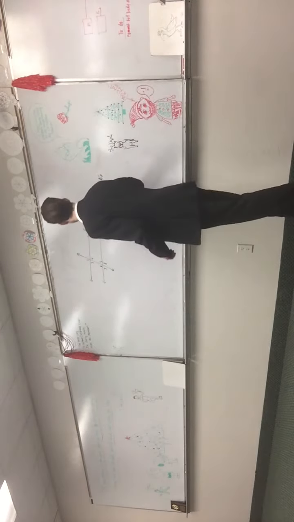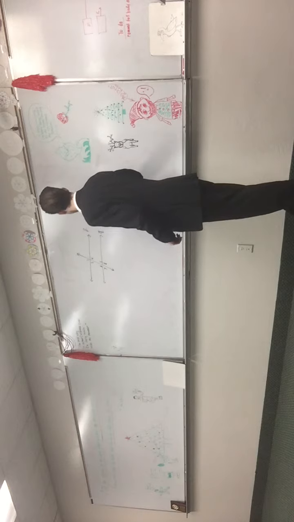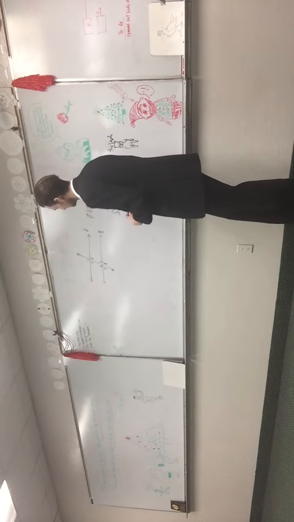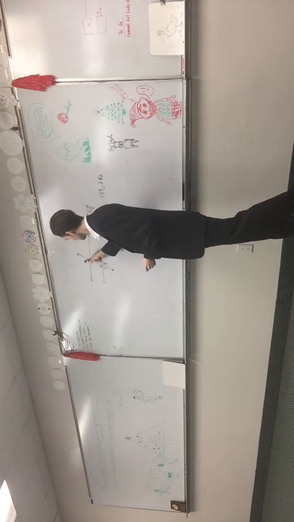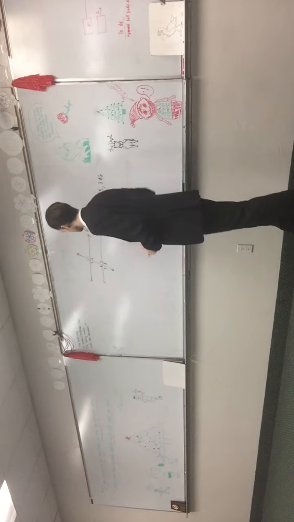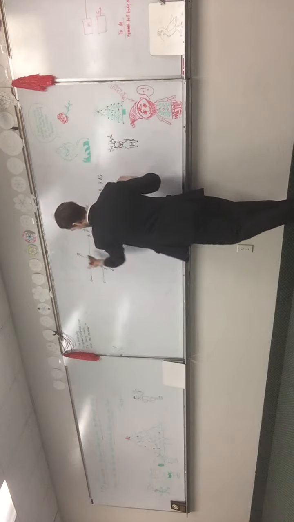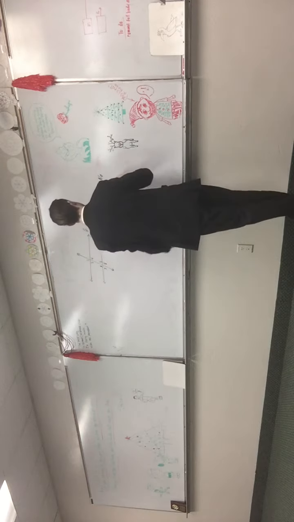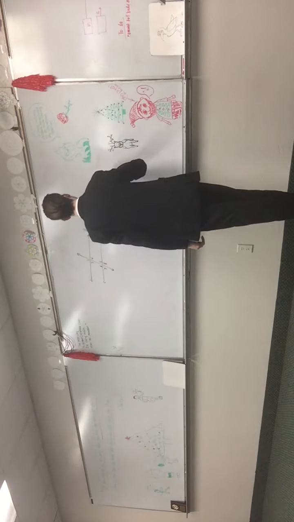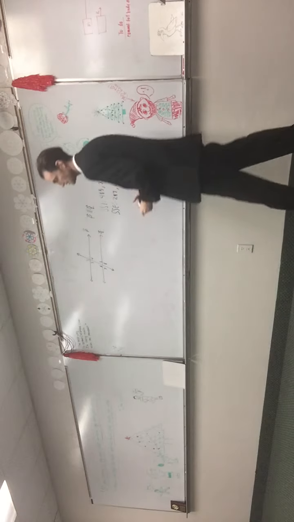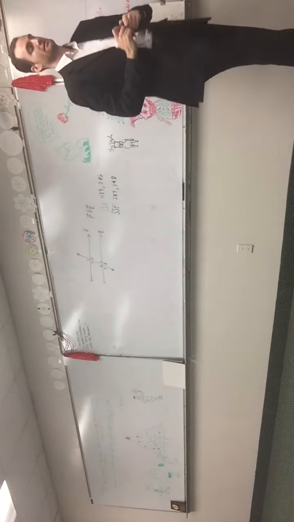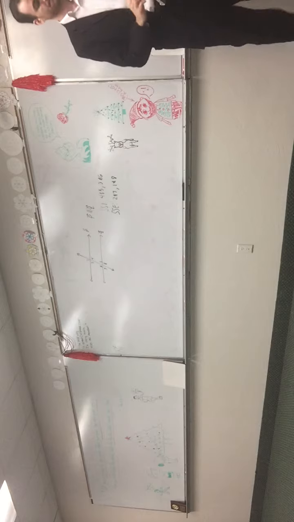What about same side exterior angles? 1, 8, 2, 7. 2 and 7, 1 and 8. Once again, same side of the line, but exterior. What do I know about those? Supplementary as well.